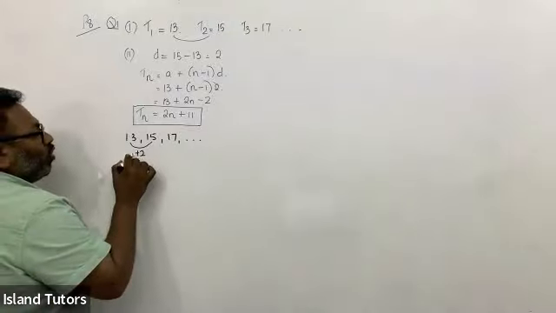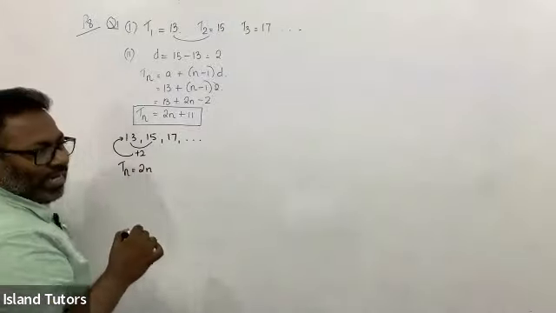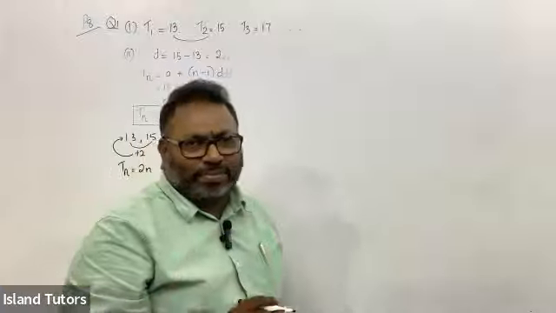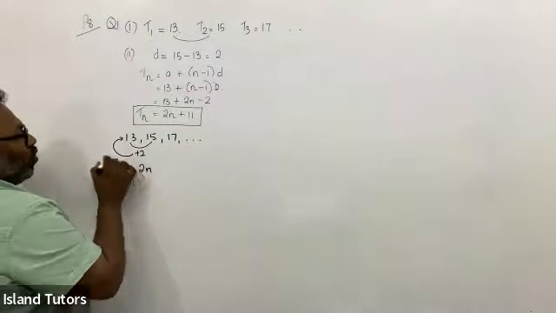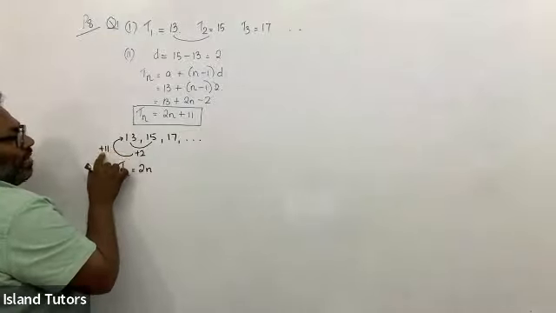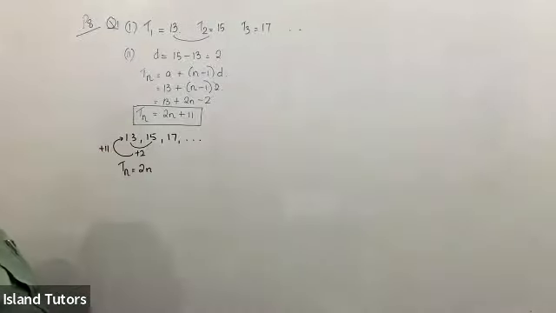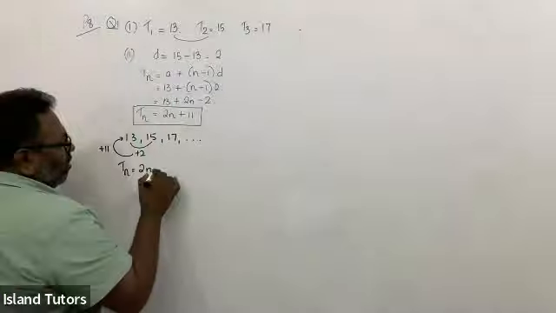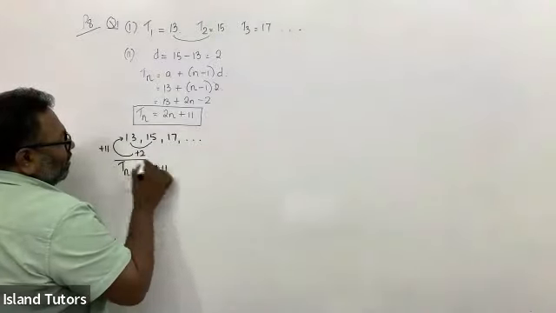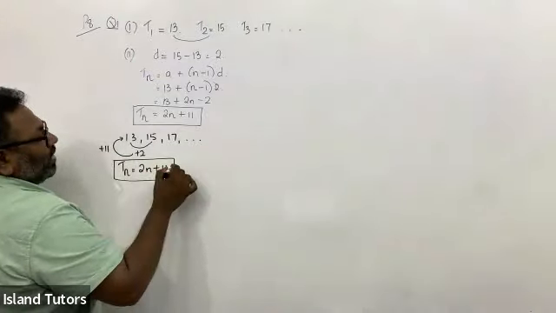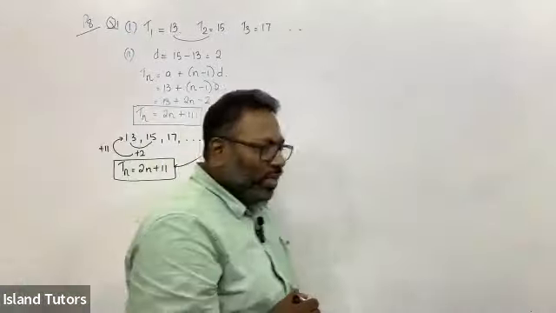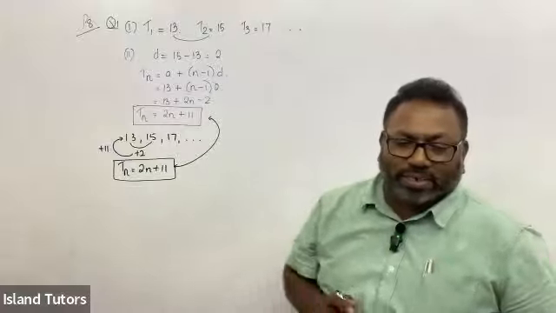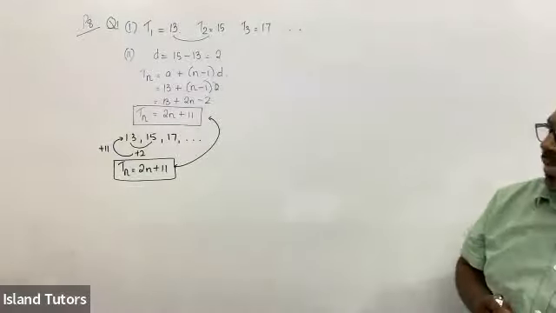From 2 to 13, how much do you have to add? 2 plus 11 will give you 13. So therefore, plus 11 is your general term. Both are the same. You can do it in both ways to find the general term. Okay.